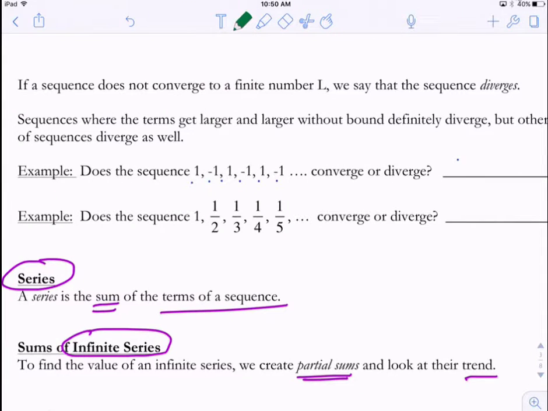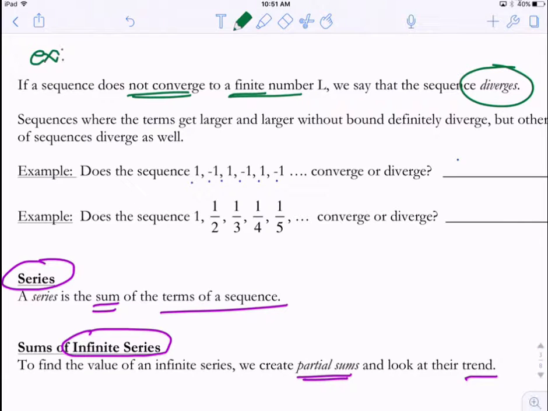So if a sequence does not converge to a finite number, we never converge to infinity. That's not a thing. Converging is only for finite numbers. If it doesn't converge to a finite number, we say it diverges. Those are the two choices. So what types of things diverge? There are some easy examples, right?